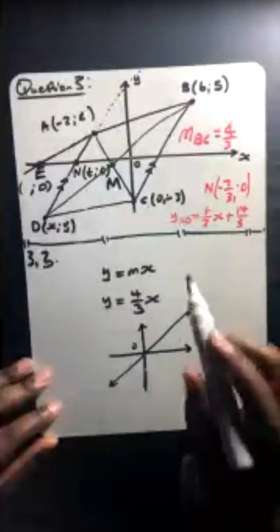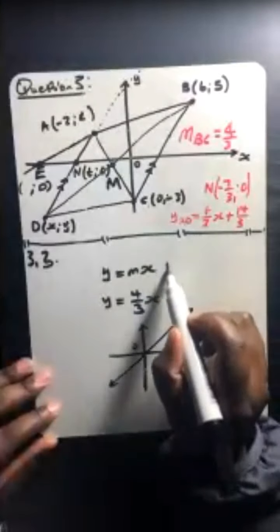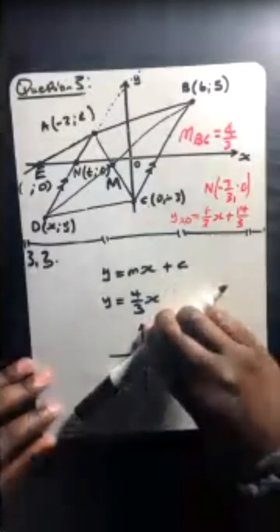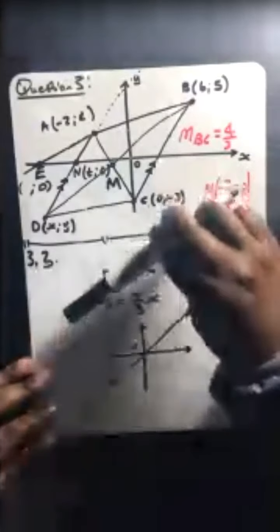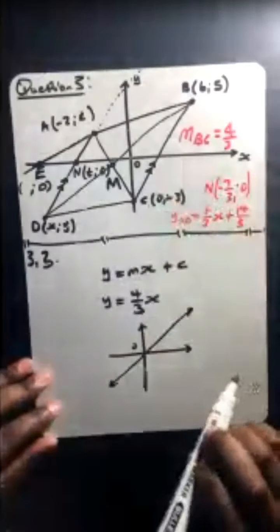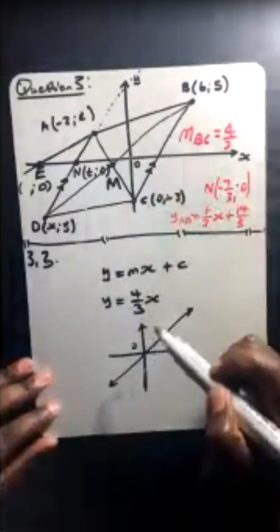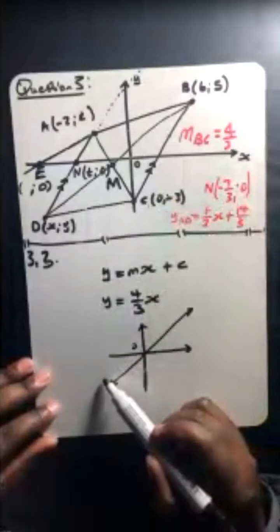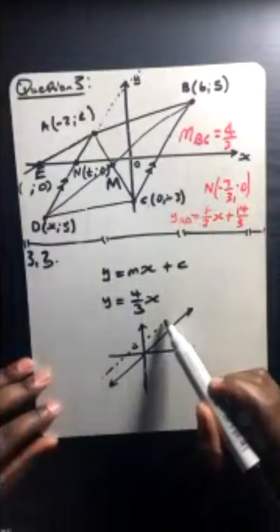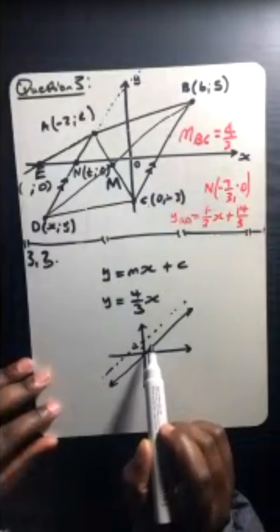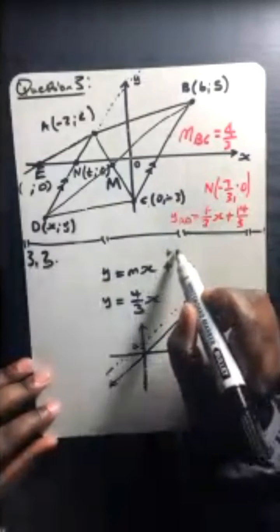So they extended that formula to say plus c, because this line can move up and down. If c is moved by 2 units upwards, it's the same line with the same gradient but moved 2 upwards, so that there would be positive 2.